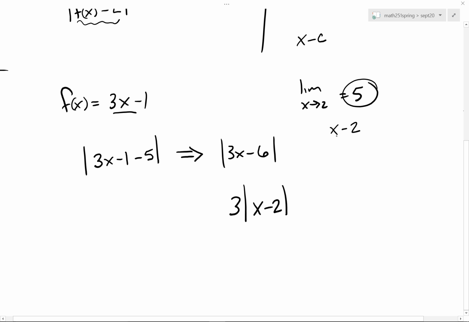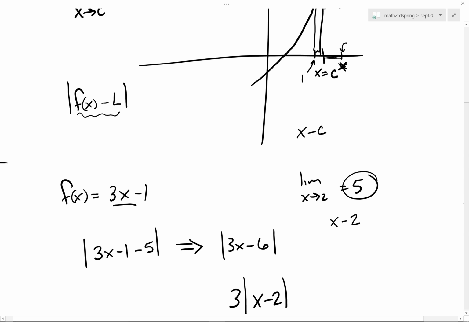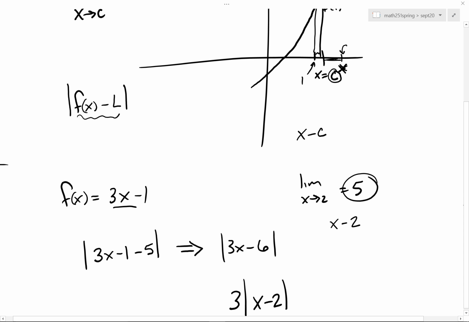Do you see that? Because the limit in question, the number in question was x equals c, in this case 2. And I want to know how far it is out to the x in any x in question. Well, the difference would be x minus 2. Are you with me?